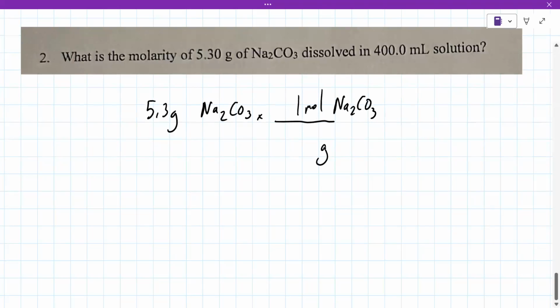There's 2 sodiums, 1 carbon, and 3 oxygen. 2 sodiums plus 1 carbon plus 3 oxygen. 106. Yes, I agree. So go ahead and calculate that.